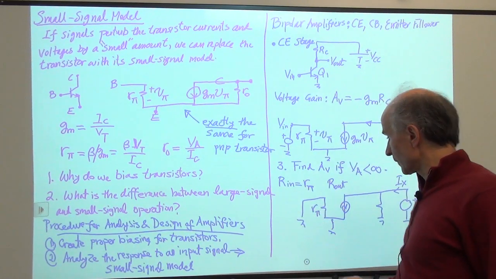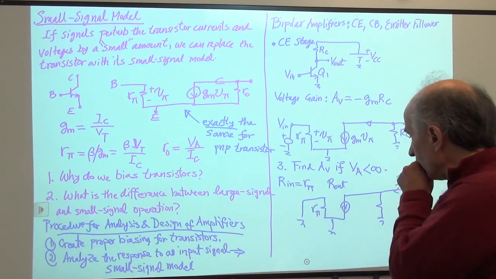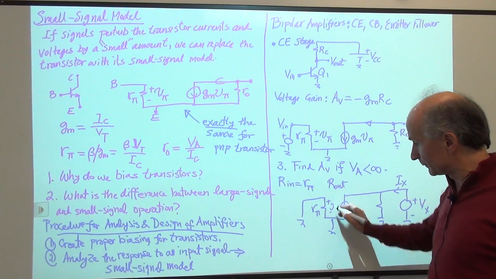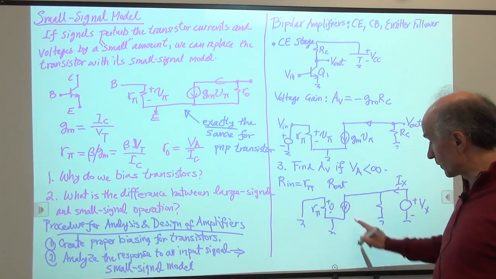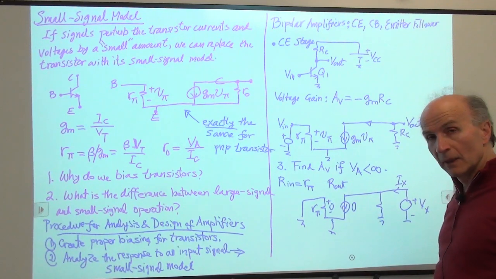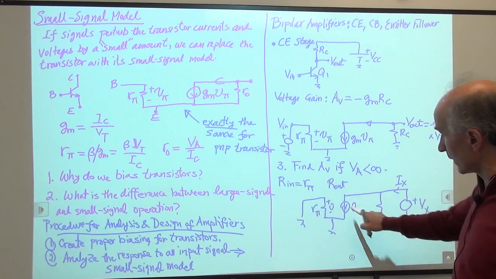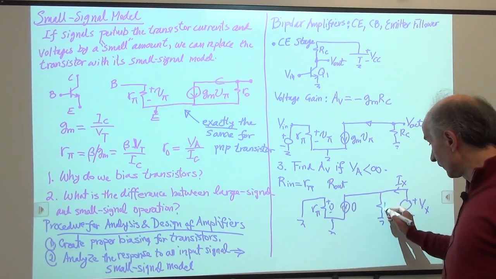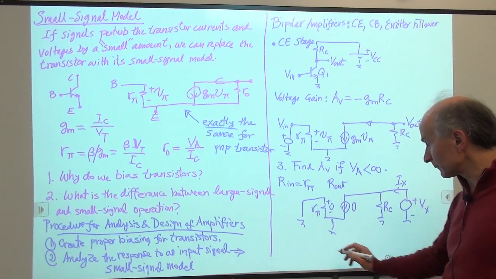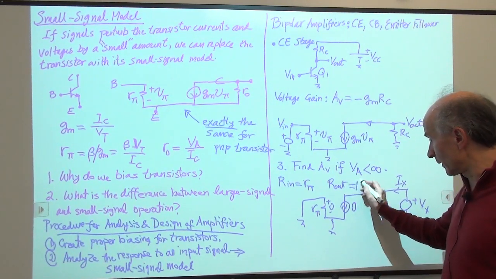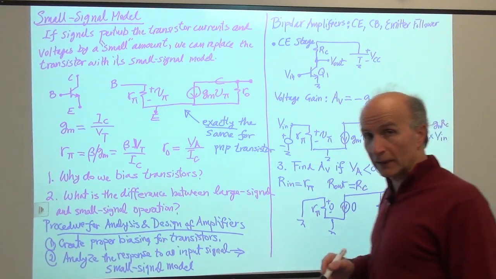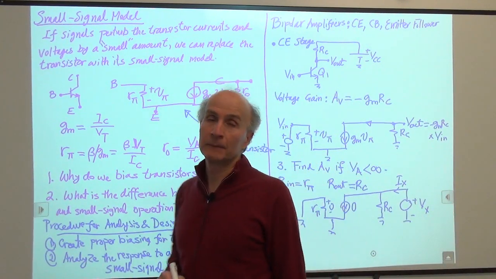So, this will be shorted to ground, which means V pi is now 0, which means this current source is 0. A 0 current source becomes an open circuit, so that's gone. All that's left over is RC. So R out comes out to be RC, if the early effect is neglected.